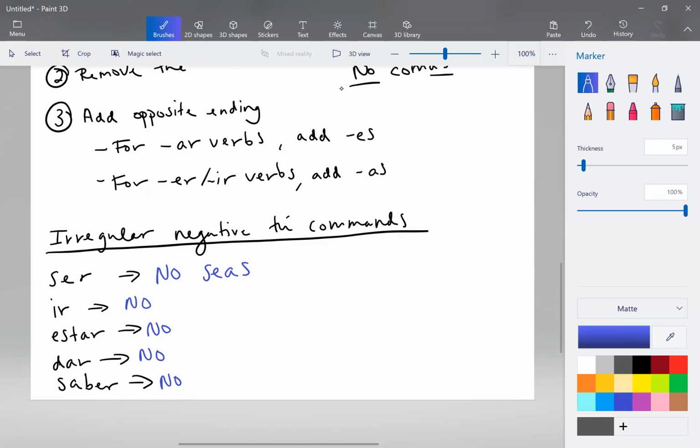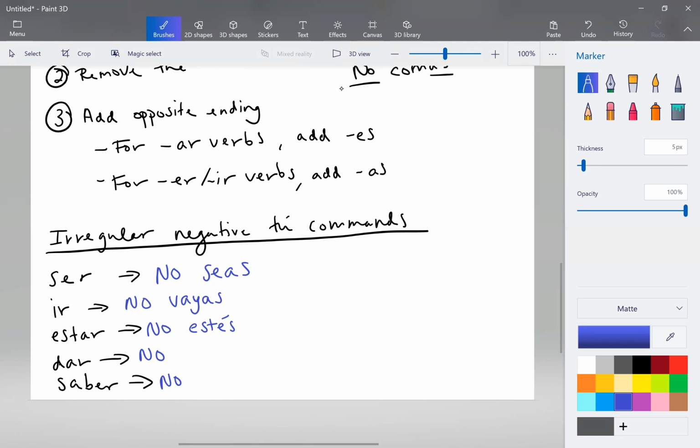Any others? No vayas. Muy bien. So don't go. No vayas. No estés. Don't be. Estar is like for emotions and like locations.